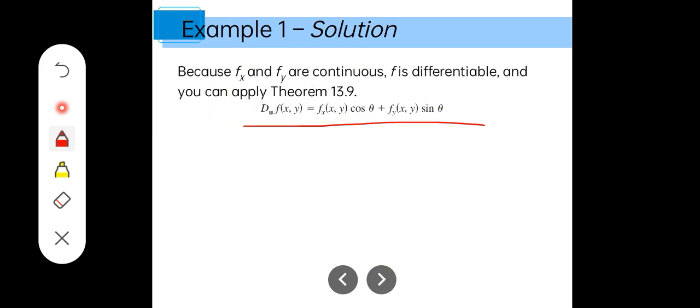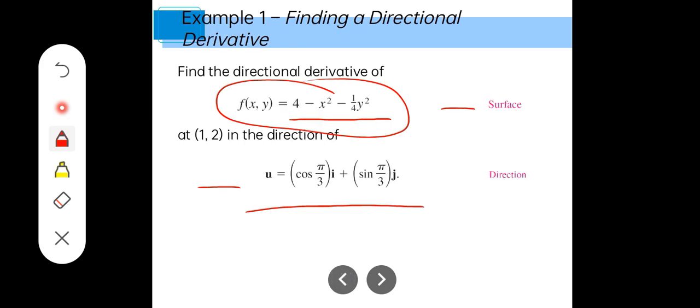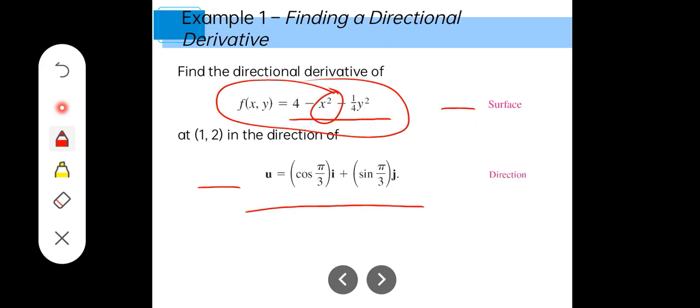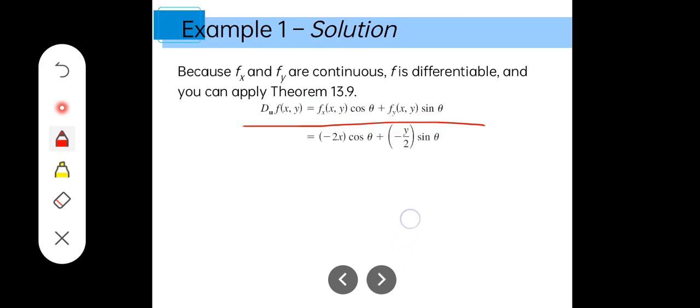First is f_x: we derive with respect to x first, and we get −2x cos θ. Next, the derivative of −(1/4)y² gives us −(y/2) sin θ.